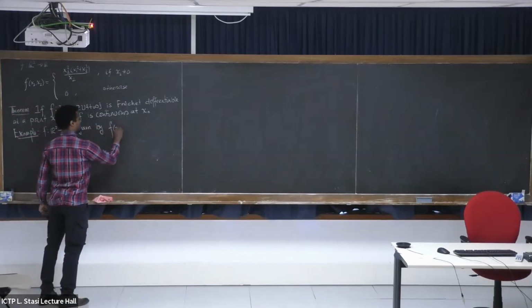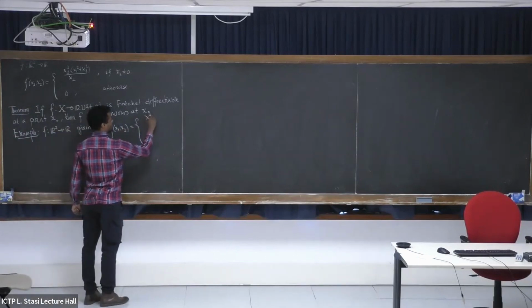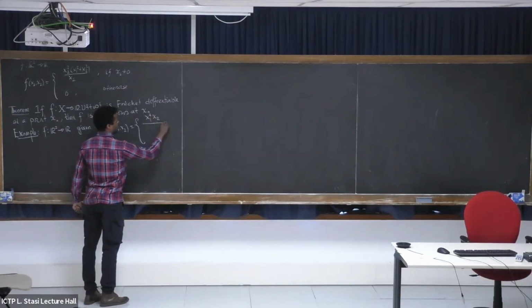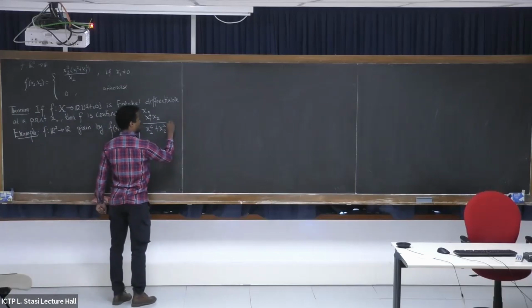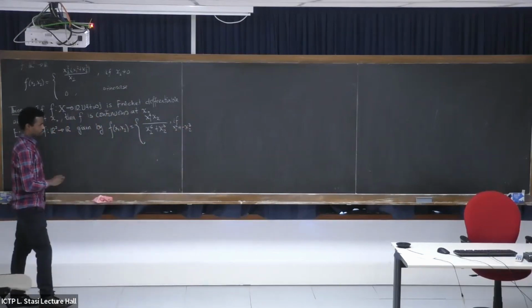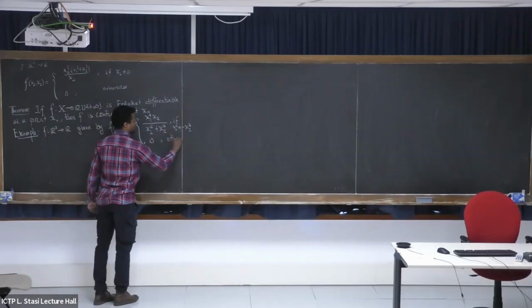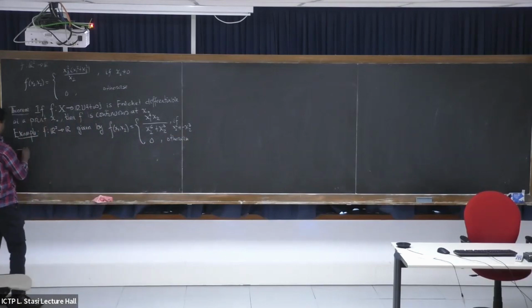F of (x1, x2) is x1 to the power 4 times x2 over x1 to the power 6 plus x2 cubed, if the denominator x1 to the power 6 plus x2 cubed is non-zero, and zero otherwise. So let's test this at the zero point.